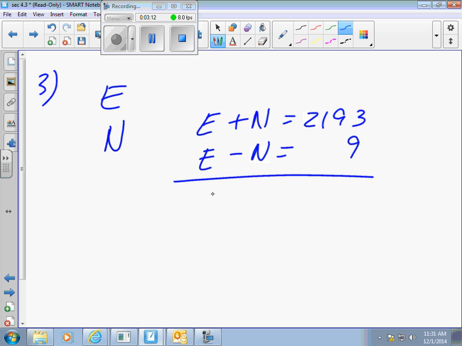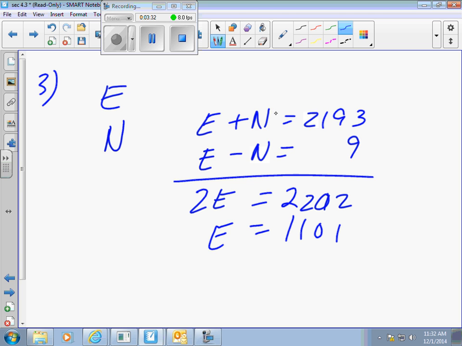If I add them together, I get 2e equals 2202. And so the Enterprise has to be 1101, which would make, if that one's 1101, this one have to be 1092.